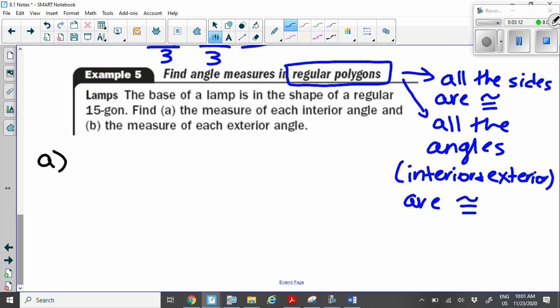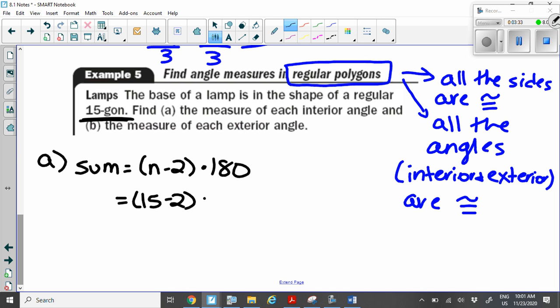Okay? So let's talk about A first. So remember, in order to know the interior, we first have to know the sum. So we're going to do the sum equals n minus 2 times 180. So remember, in this case, it's going to be 15, because that's how many sides a 15-gon has. So we have 15 minus 2 times 180. So I go ahead and do 15 minus 2 to give me 13 times 180.